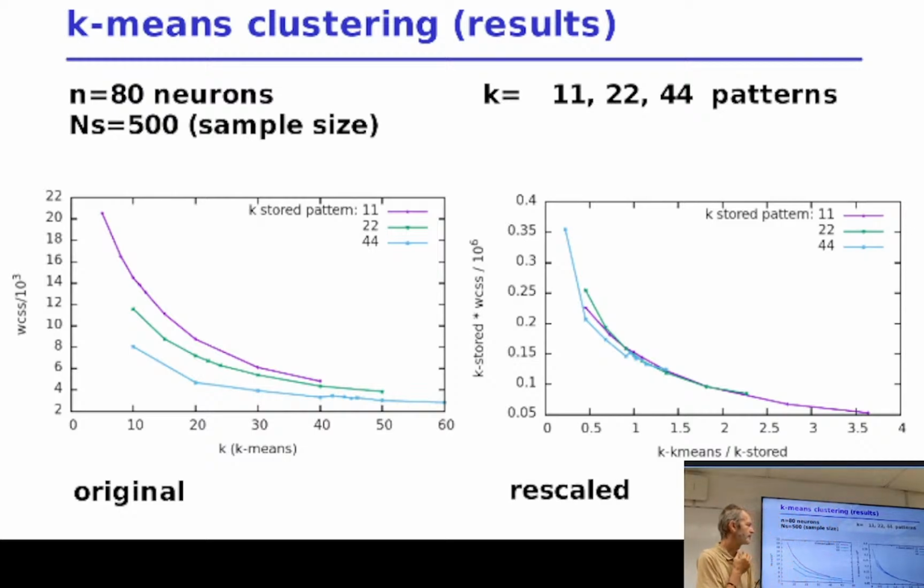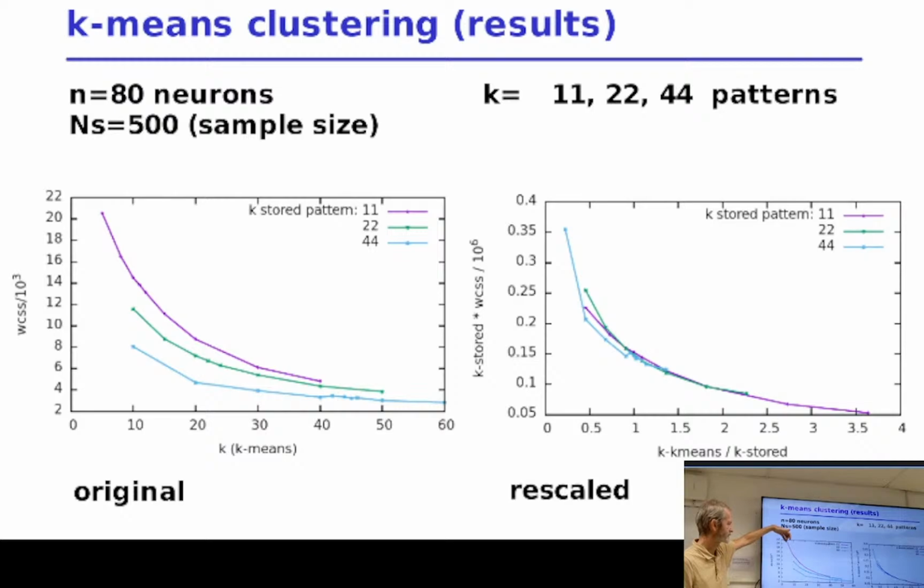And it's a simple rescaling, so just here we divide the number of clusters for the k-means by the number of patterns stored. And here we multiply the sum of squares with the number of patterns stored.